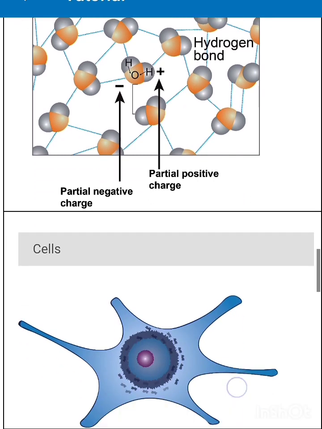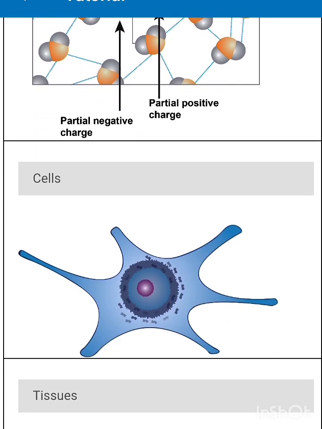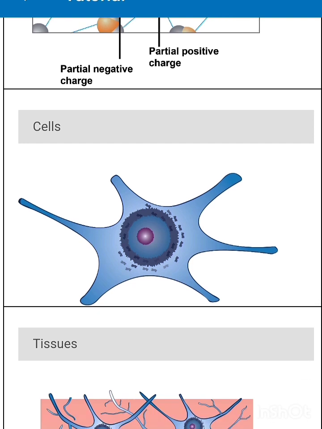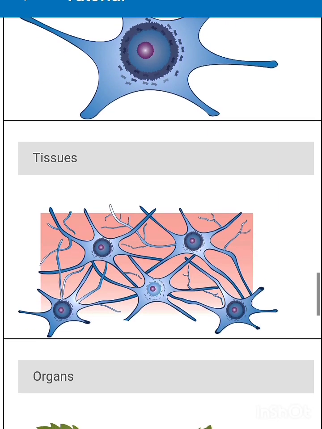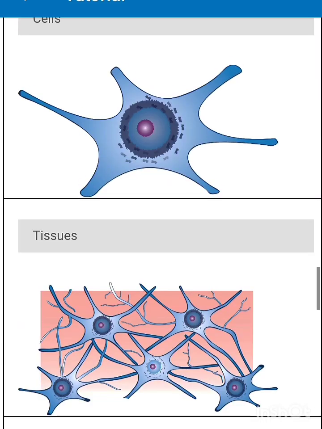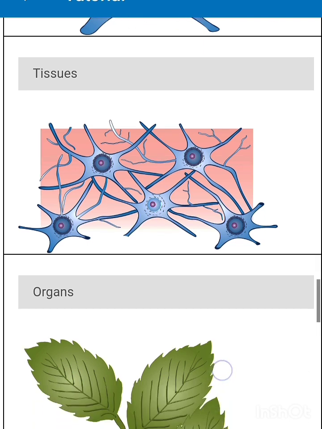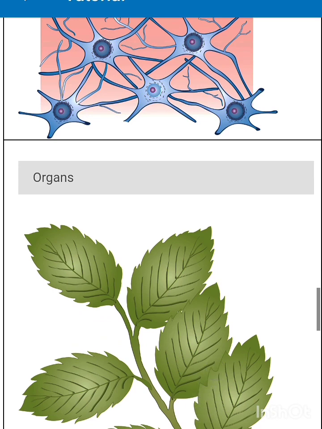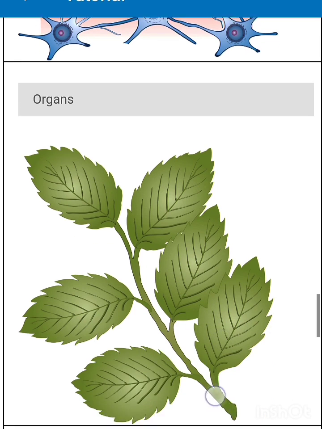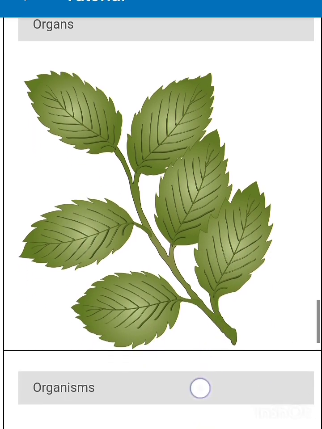Number two, cells. The cell is the basic unit of living things. Tissue: when two or more cells combine with each other, it makes a group of tissue. Organs. Organisms.